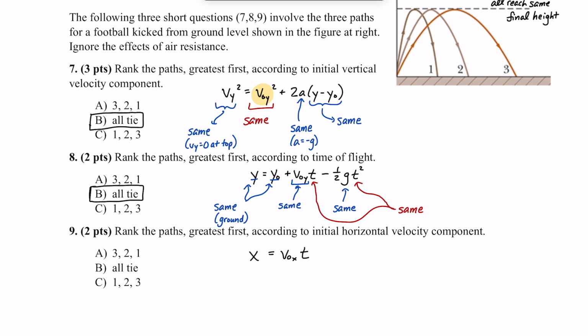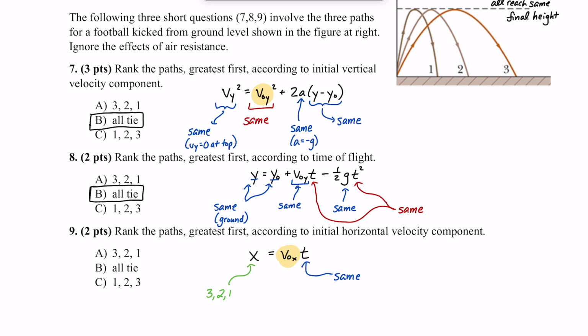We just said that all of our objects spend the exact same time in the air, so that's going to be the same across all three. V naught x is what we're trying to figure out, and based on our picture, we can see that 3 travels the furthest, followed by 2, followed by 1.